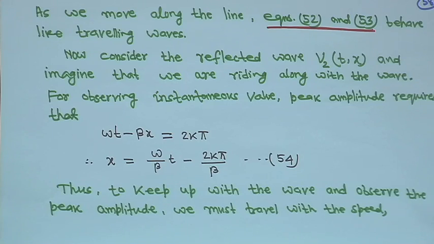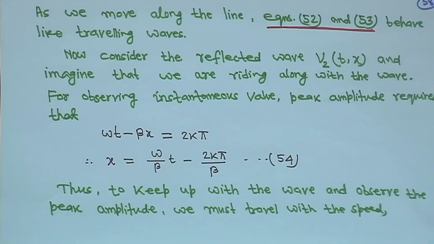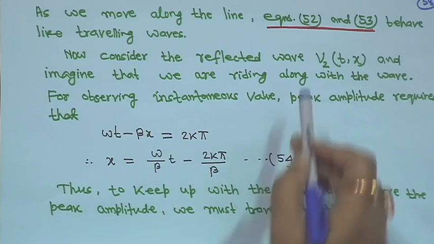If you want to see the peak amplitude of the travelling wave, you have to move with the same speed as the wave speed, then only you can observe the peak. So, we are riding along with the reflected wave.